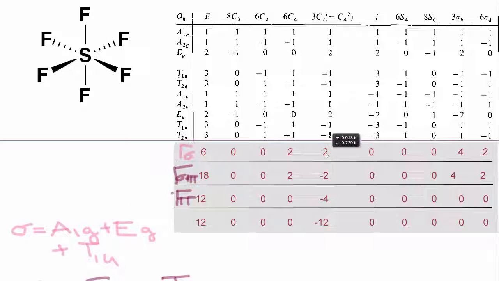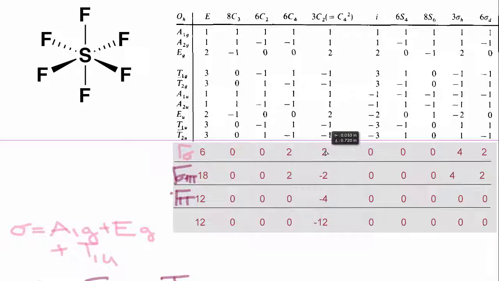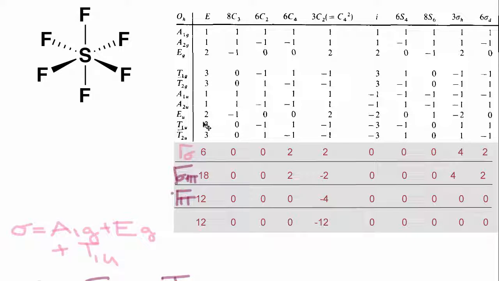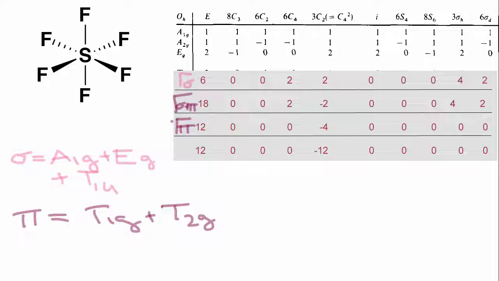And we can go all the way through, and then as we can see, T1U and T2U have the correct characters for us to have the irreducible representations in this case. And so T1U plus T2U. And so these are the orbital symmetries that'll provide the sigma bonds and the pi bonds in the case of sulfur hexafluoride.